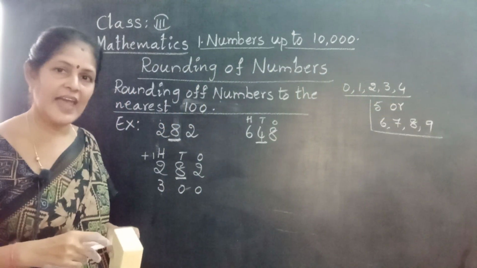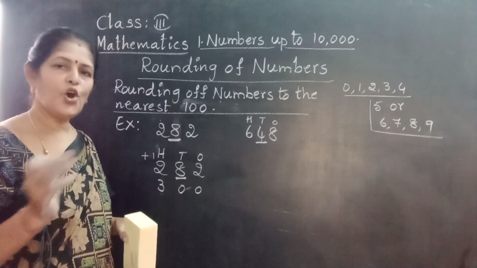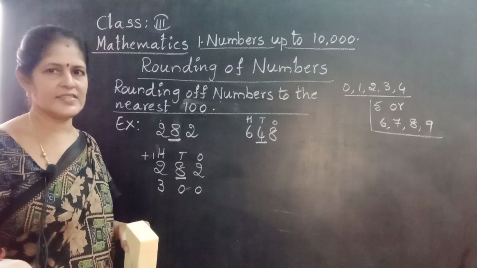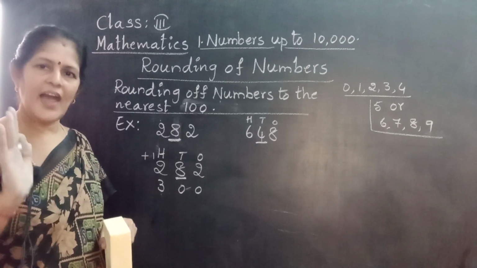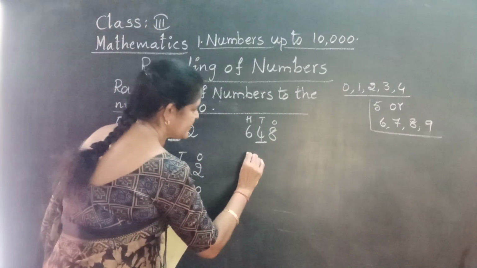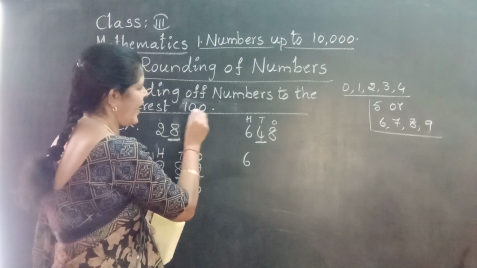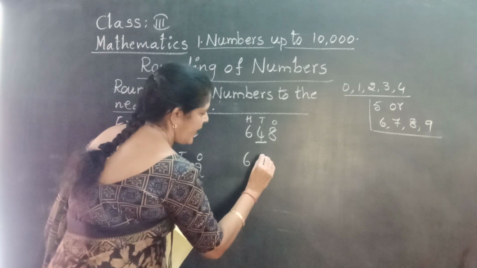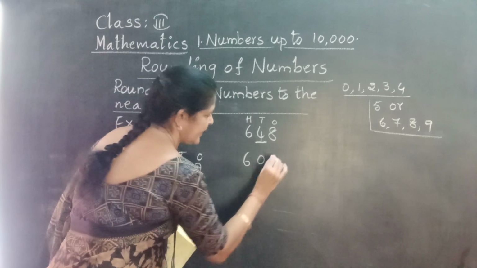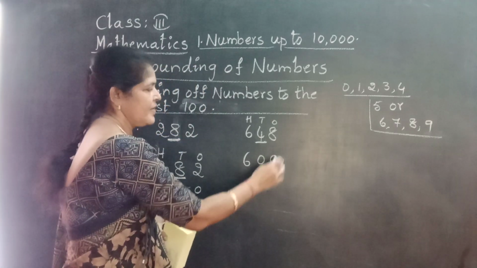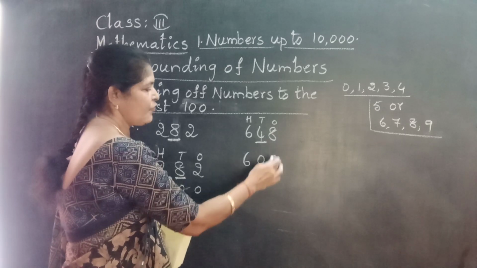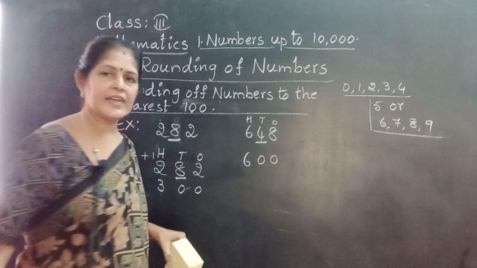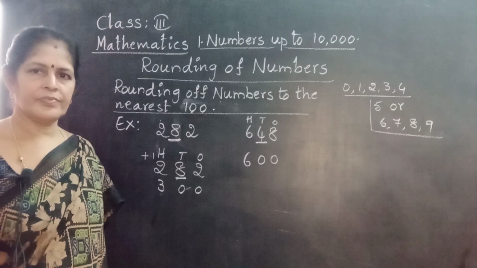Then there is no change in the hundreds place. Write the hundreds number as it is. 100 has 2 zeros, so write 2 zeros in the tens place and ones place. That means 648 is nearer to 600.